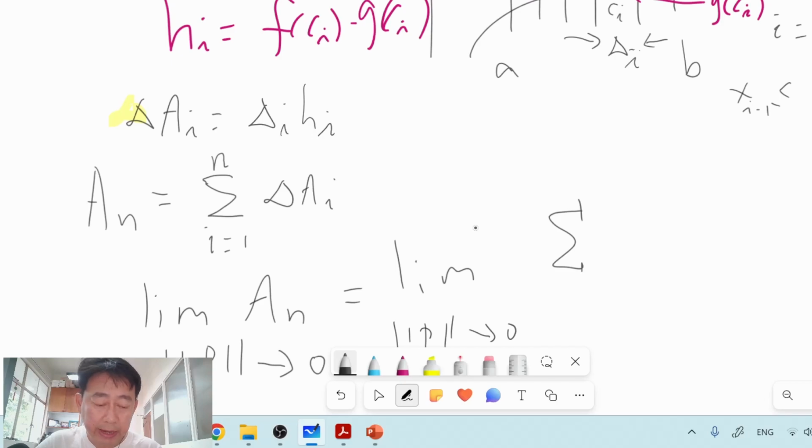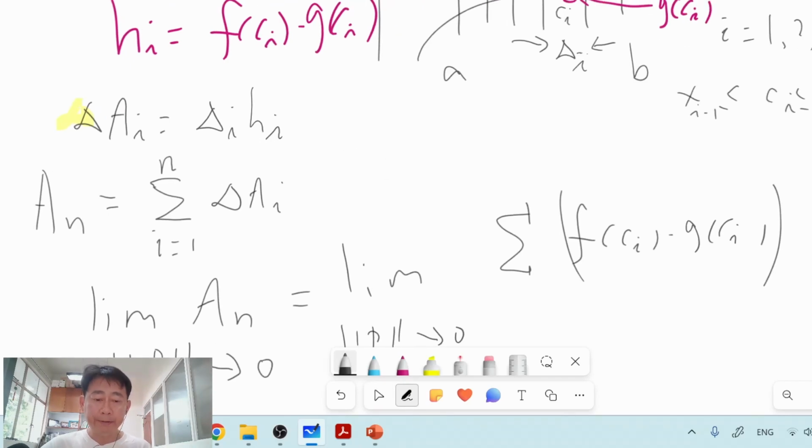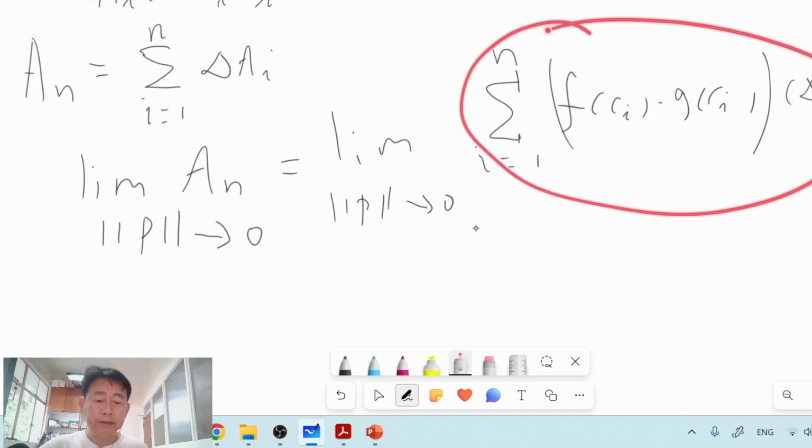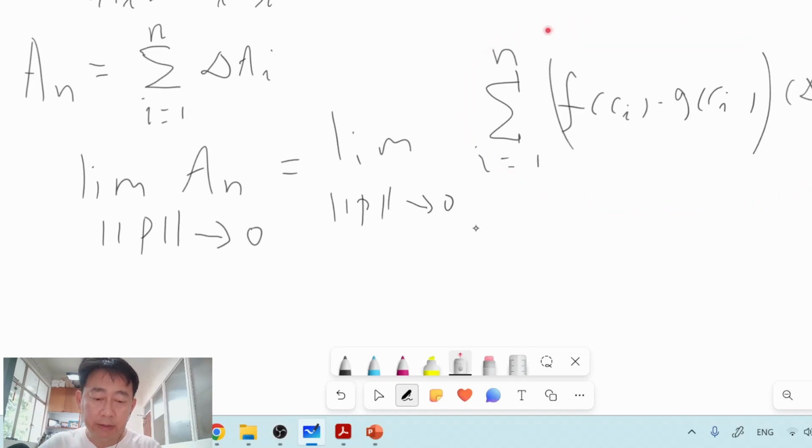So here h is just f at c_i minus g at c_i, multiplied with delta x_i, where i runs from 1 to n. Once you have obtained an expression for this sum, you take the limit of letting n go to infinity, which is equivalent to the norm going to 0, approximately speaking.